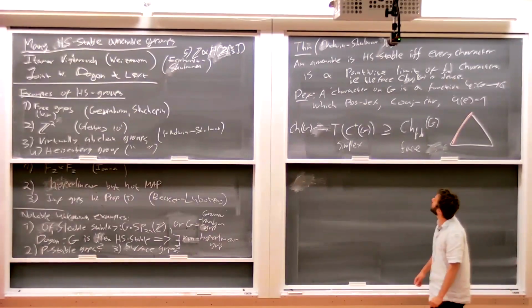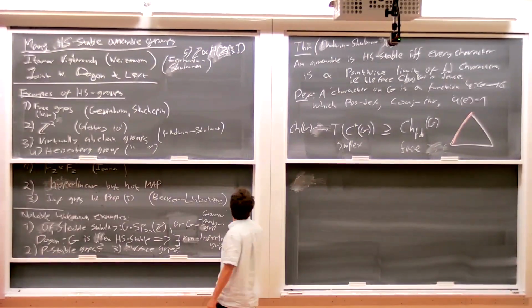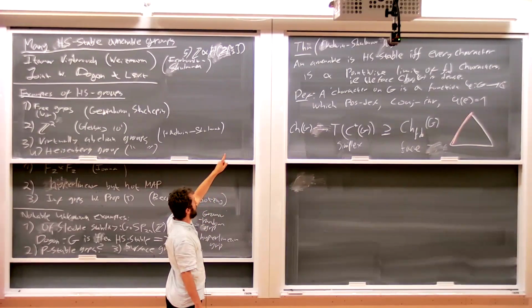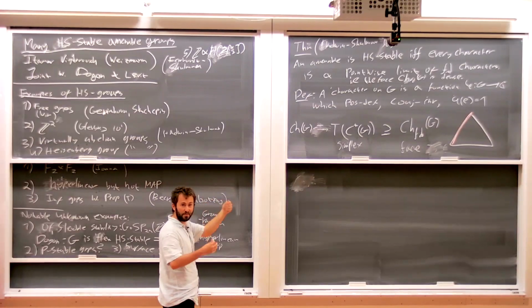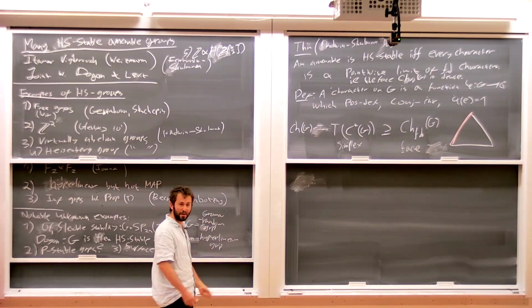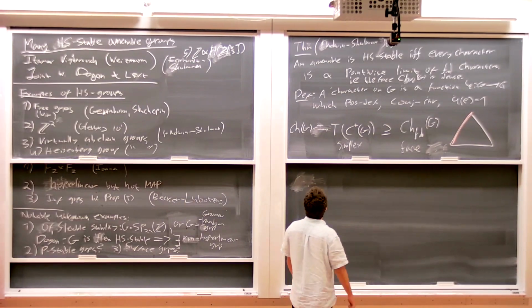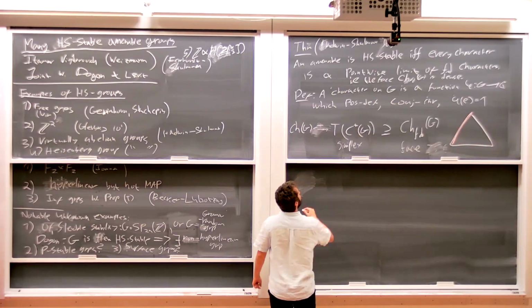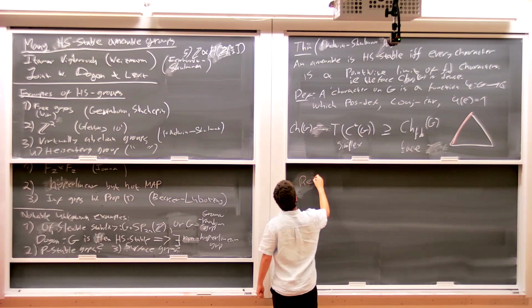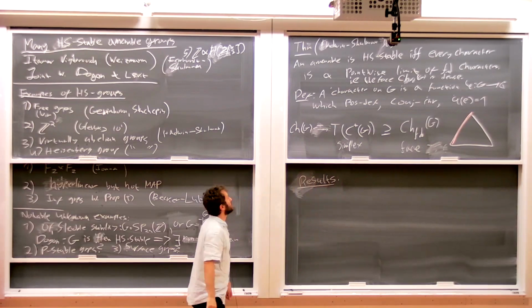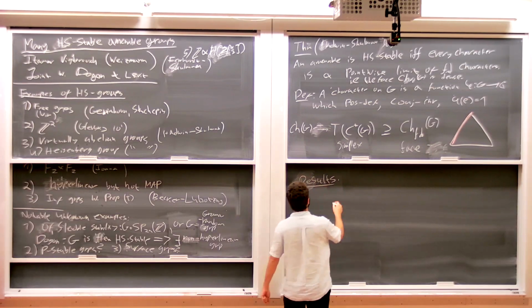I was working a lot on characters until I heard about this criterion, which kind of allowed me to study stability without really knowing what it means. I restrict only to the amenable case because that's the case where we can use characters.